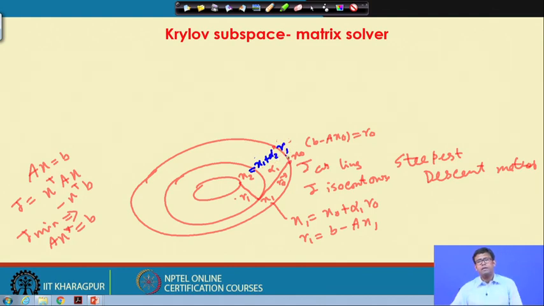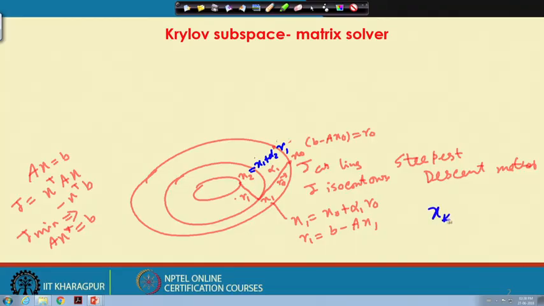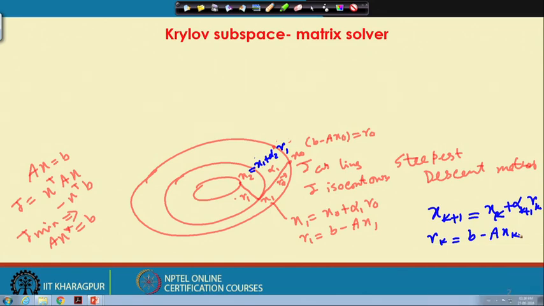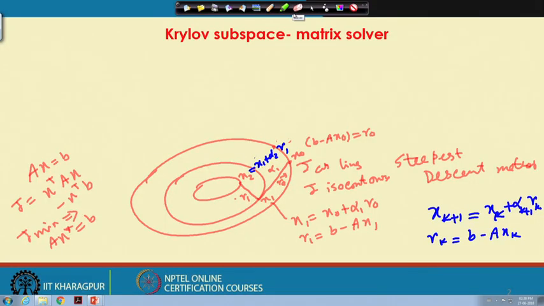So, at each step x will be updated as x k plus 1 is equal to x k plus alpha k plus 1 r k, and my r k will be defined as b minus A x k. Now let us look into this update in a little more detail, or work out the updates for the first 2-3 steps.